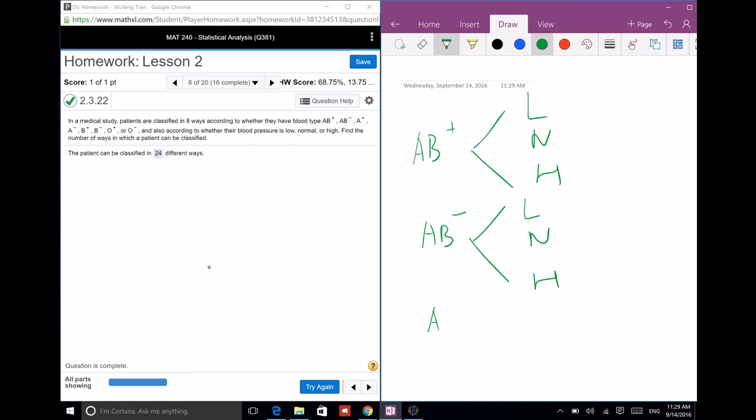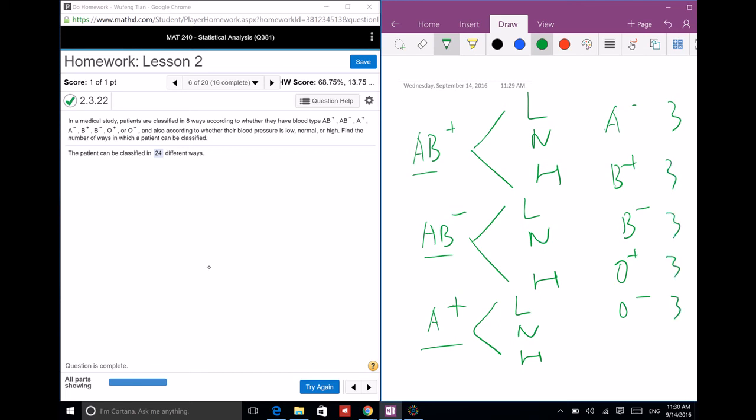And you also have A plus, with low, normal, and high. Then you can see you have 1, 2, 3, and continue. And A minus, you have 3 options. And B plus, you have 3 options. B minus, you have 3 options. O plus and O minus. For each of them, you have 3 options. So together, it's going to be 8 multiplied by 3, which is 24 different ways.